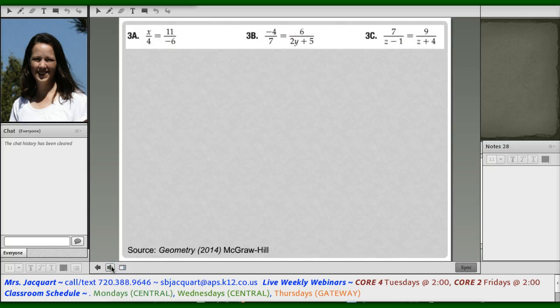Cool. So let's look at C. Not working on those two. Insert your fabulous parentheses because they're very helpful. Crisscross. So 7 times z plus 4 equals 9 times z minus 1. So then you distribute: 7z plus 28 equals 9z minus 1.